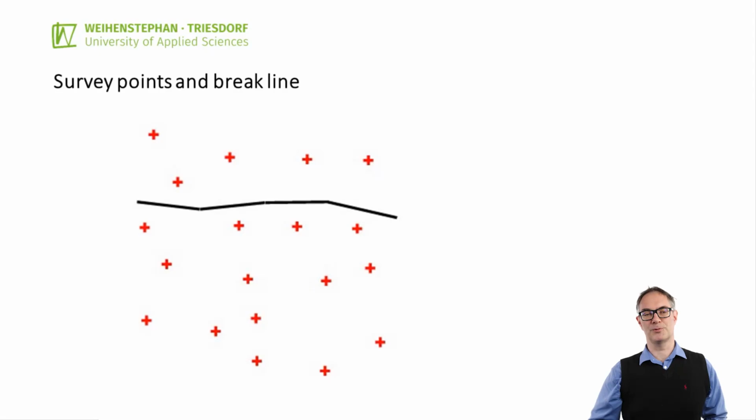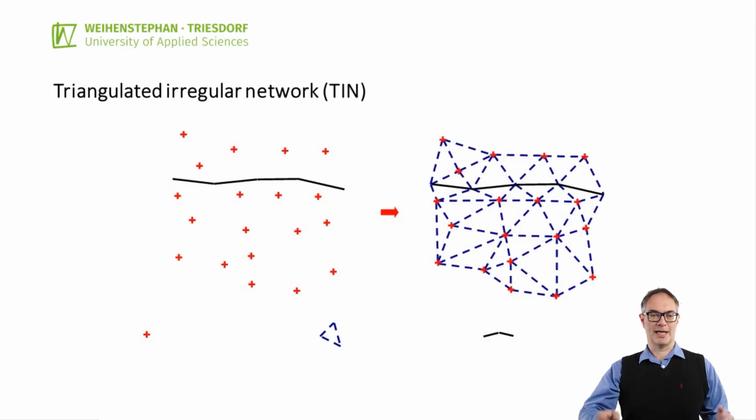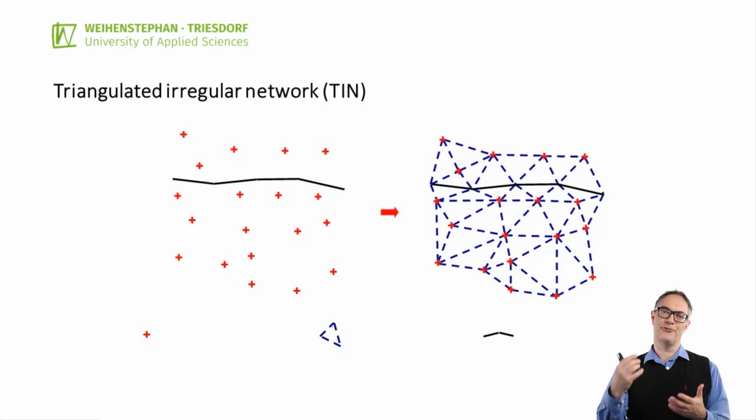But here we have a typical situation, points describing the surface, the terrain, and then a break line for a cliff in this terrain. If we are now applying the Delaunay triangulation to this, it will calculate a network of little triangles that is approximating this surface. And if you think about it, think of a fisher net.